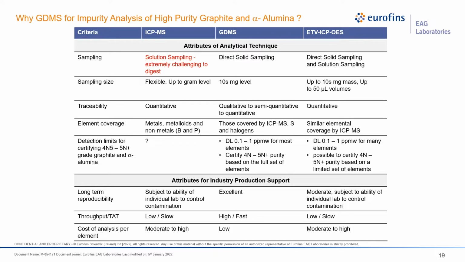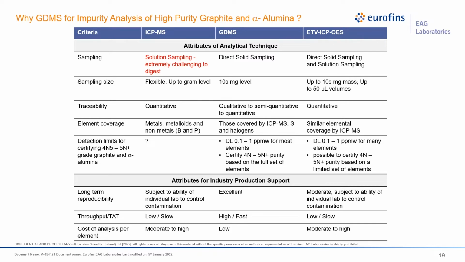In terms of analytical attributes, ICP-MS has a lot of wonderful characteristics. It has a flexible sampling size up to gram level. Its NIST traceability is fully quantitative. It has excellent element coverage, including metals, metalloids, and non-metals. The detection limit depends on the sampling size and the instrument used, and it can be ppt levels and above.